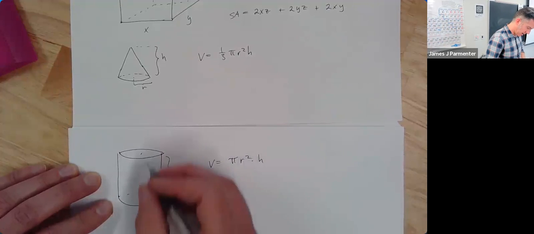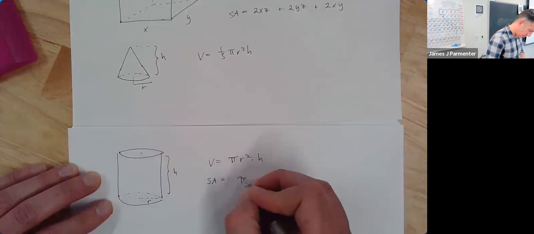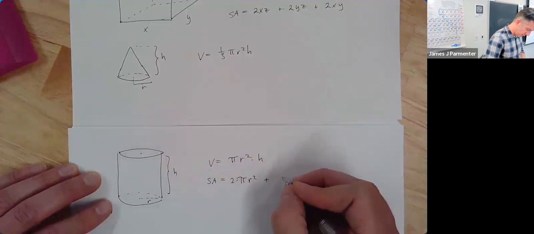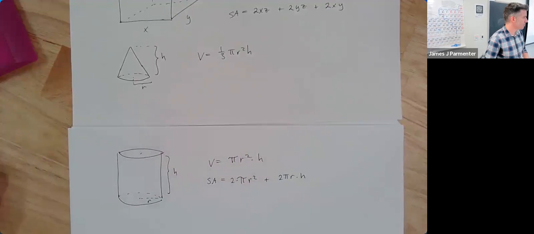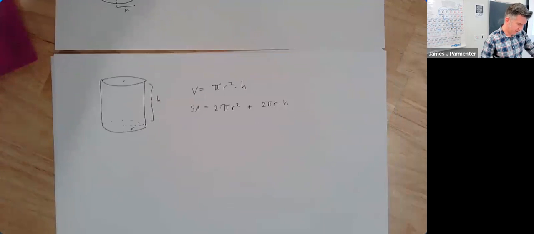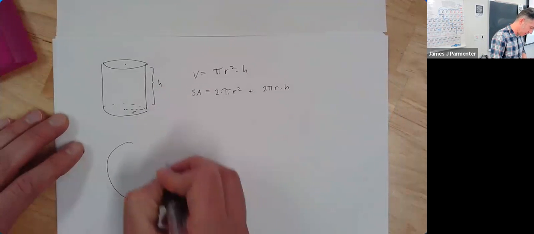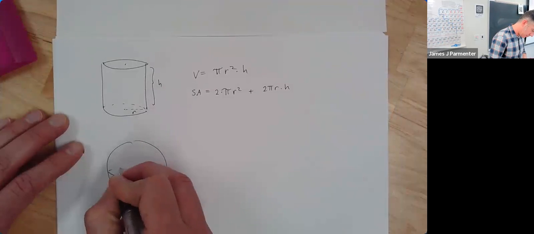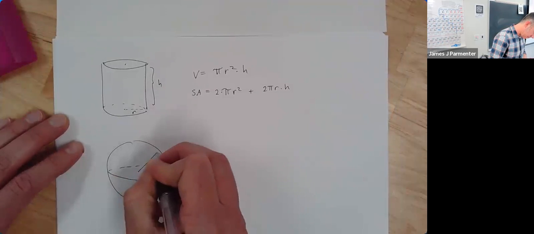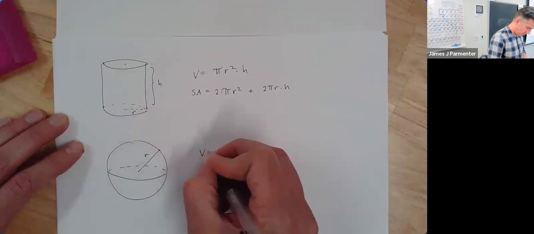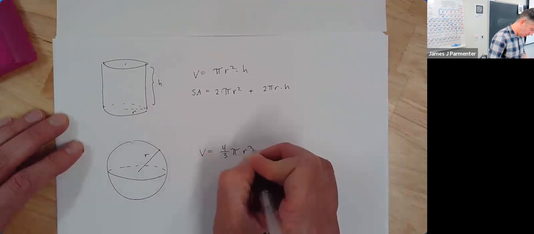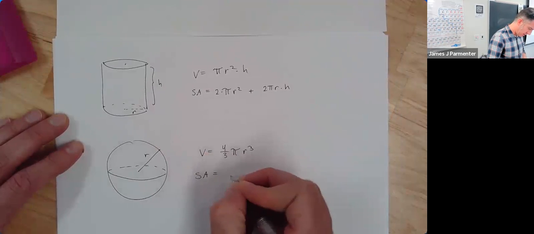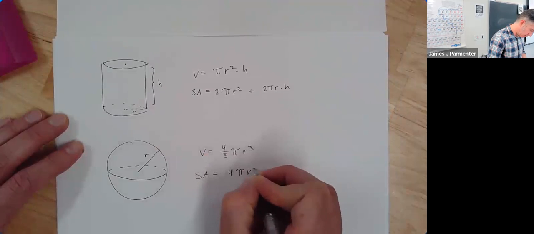It was the area of the 2 circles, which is pi r squared times 2, and then the area of the round part, which was the circumference, 2 pi r times the height. Finally, the last shape you might be having to talk about is a sphere. And the volume of a sphere is 4/3 pi r cubed, and the surface area of a sphere is 4 pi r squared.